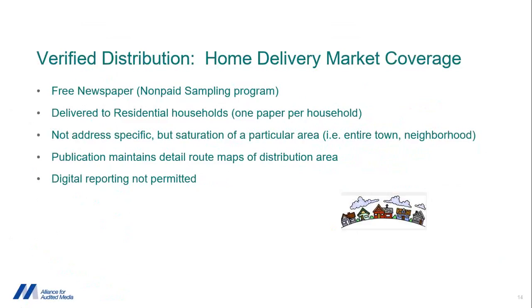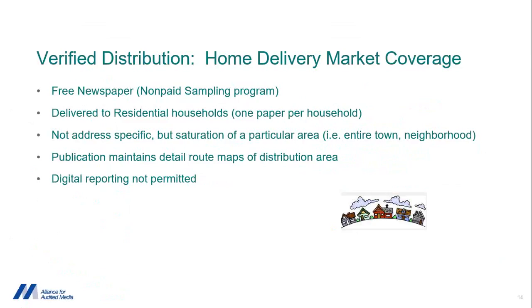It is a program that you are just distributing newspapers in a known area. It's either you're distributing to an entire town, a subdivision, or a zip code. It's not necessarily address specific. You're delivering to all the residents who are not paid subscribers, but anyone who's on that street who's a non-paid subscriber, you're delivering to. So it's your TMCs is what this program is meant for.